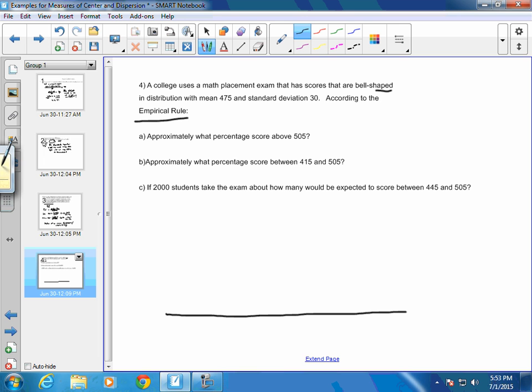We're going to do a real rough sketch of a bell curve. Pretty lousy here, but we're just going for a rough model. The mean of 475 is going to be the middle value.